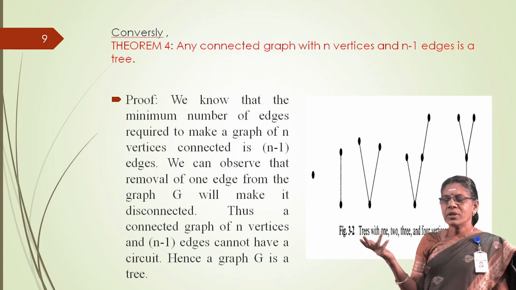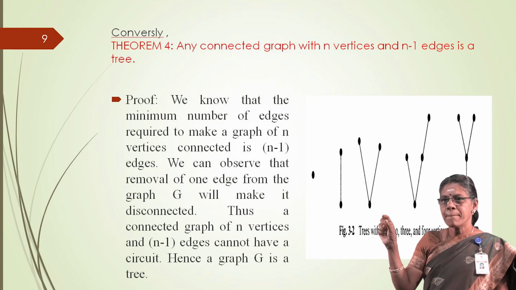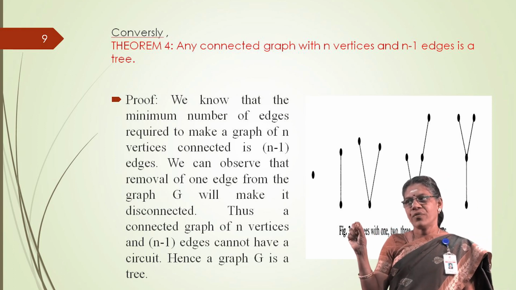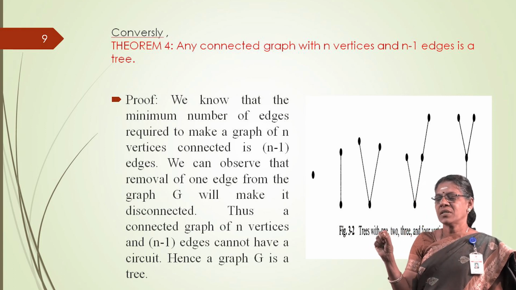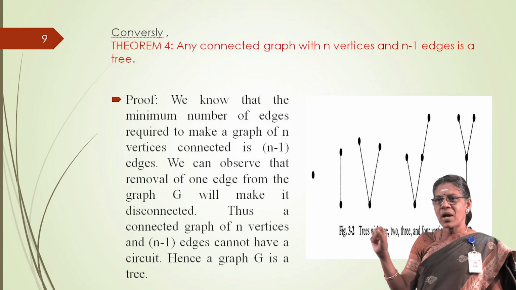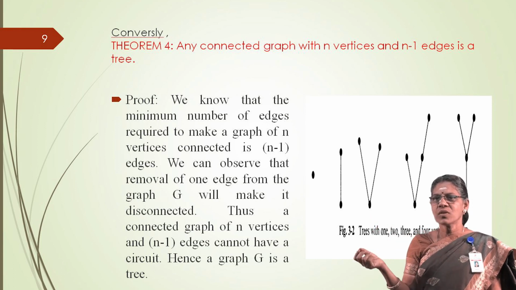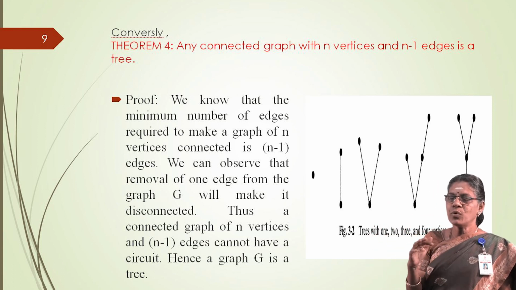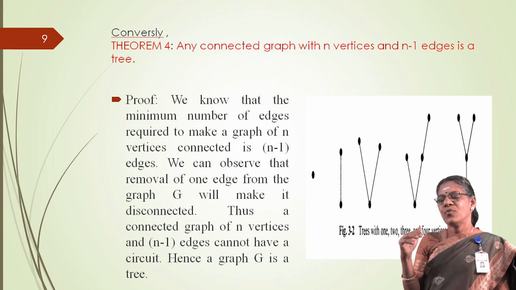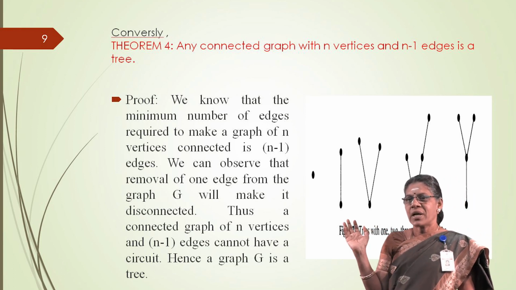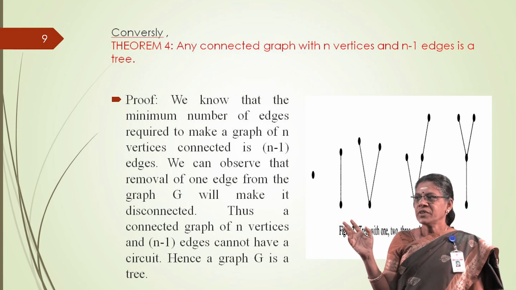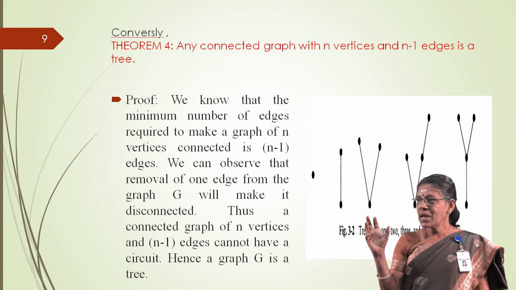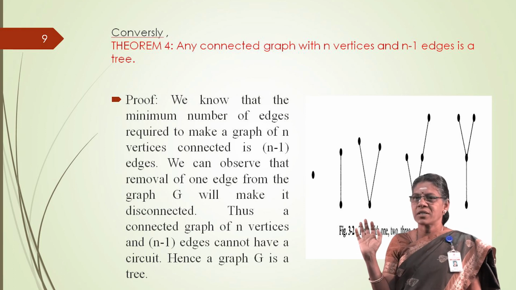It is trivial. We know that the minimum number of edges required to make a graph of n vertices connected is n minus 1 edges. So we observe that removal of one edge from the graph G will make it disconnected.